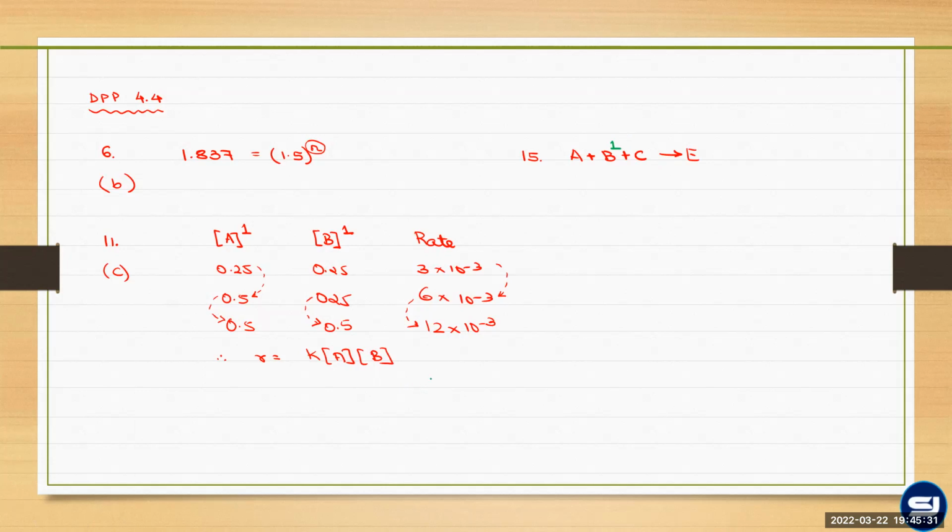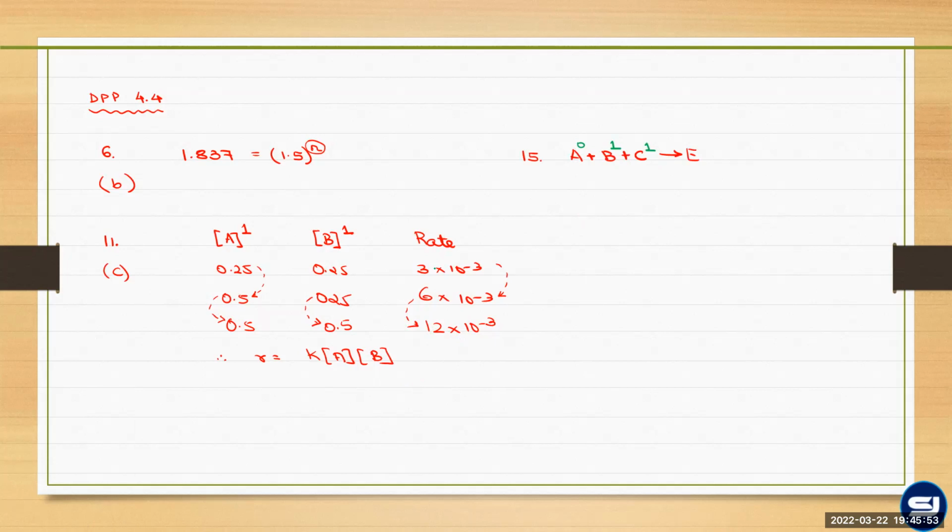A raised to 0, क्योंकि दोनों डबल किया, खाली रेट डबल ही हो रहा है, मतलब वो तो इफेक्ट B का था, तो A का कोई इफेक्ट नहीं, मतलब it's zero order. And when B and C both are doubled, the rate becomes quadrupled. B is raised to 1, C is also a first order kinetic. So now which options are correct?